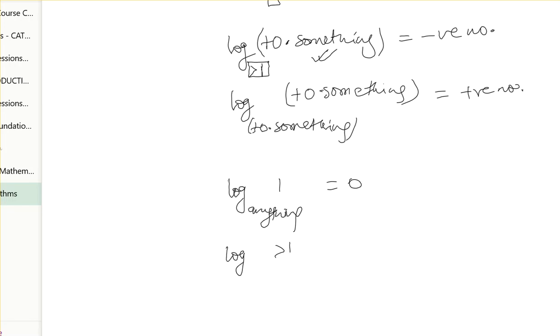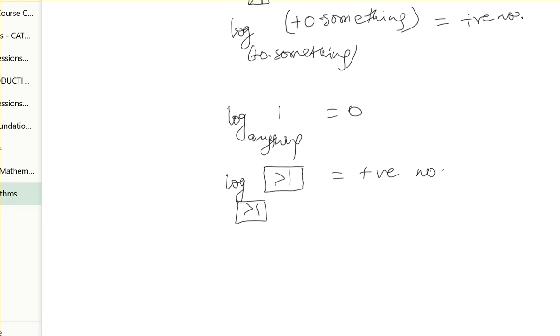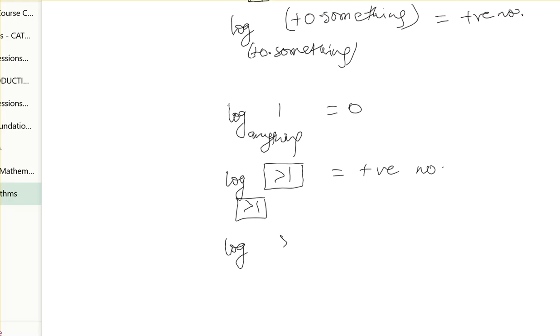Log input is greater than 1, base is also greater than 1, then positive number. Log input is greater than 1, base is 0 point something, negative number.